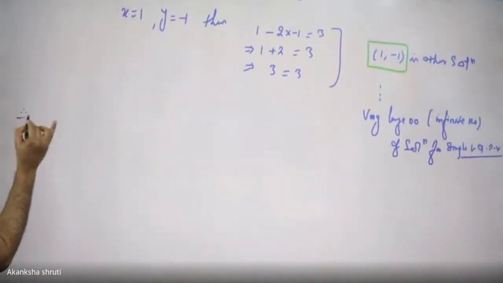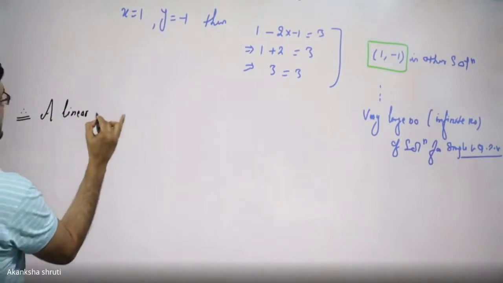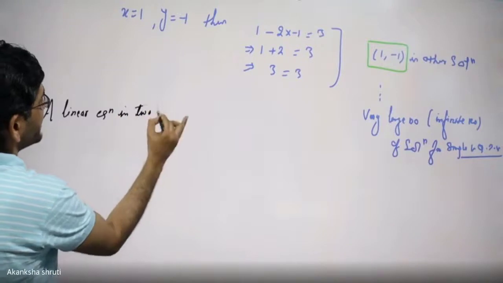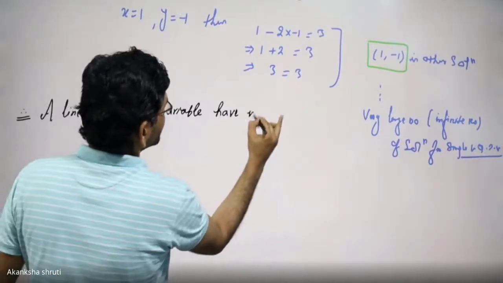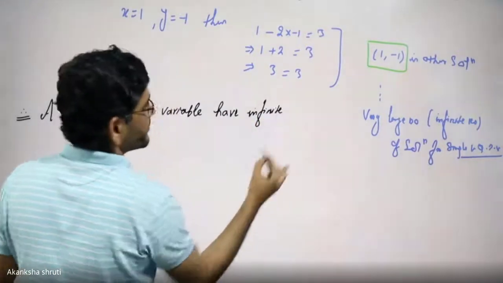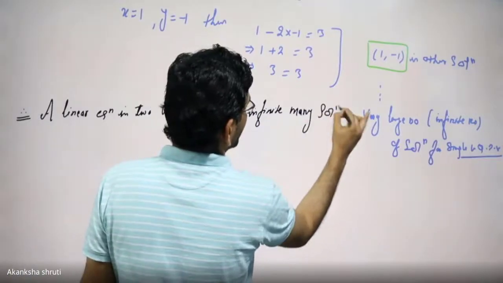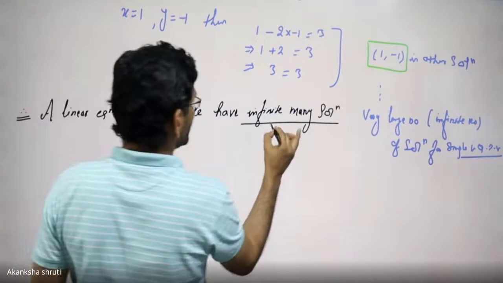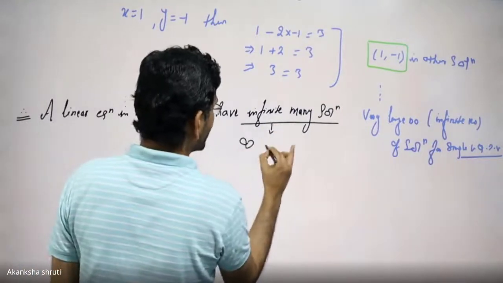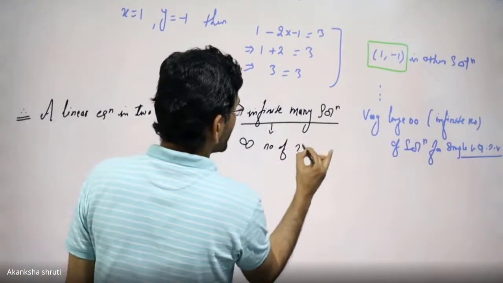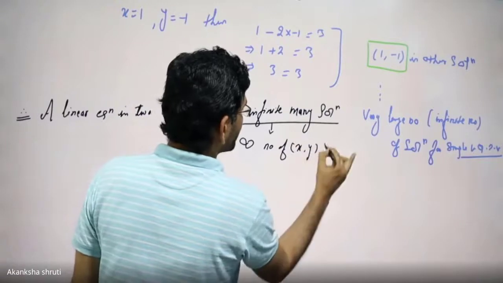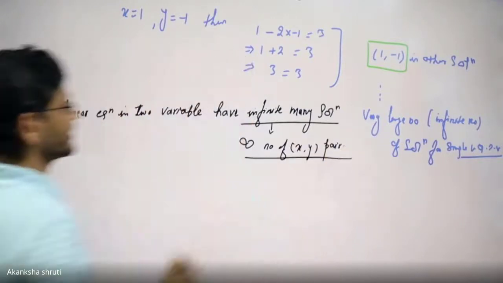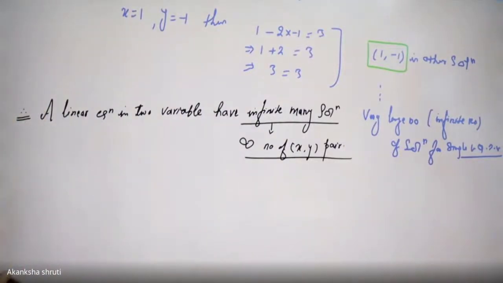Therefore a linear equation in two variables has infinitely many solutions. Infinitely many solutions means there could be an infinite number of xy pairs possible. It simply means that.